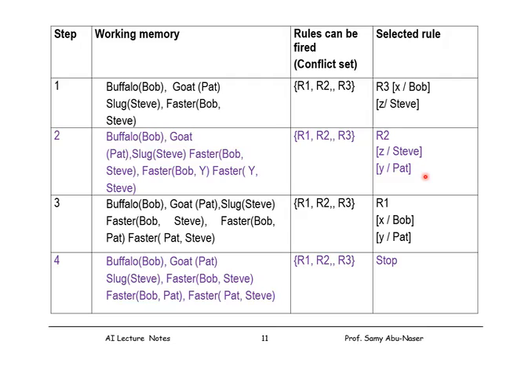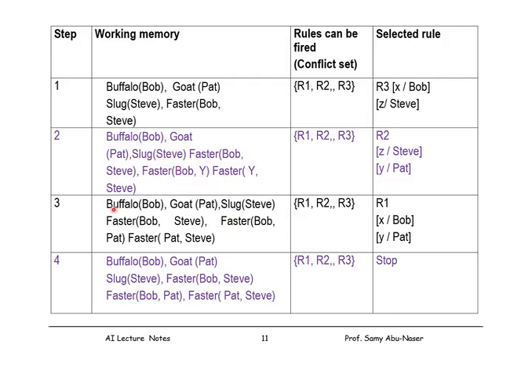When we execute rule 2, we get out of it goat bat, and we have goat Y, and we have goat bat. It's a fact, so we don't add it again. And we have slug Steve. Slug Steve also is here as a fact, proved already.